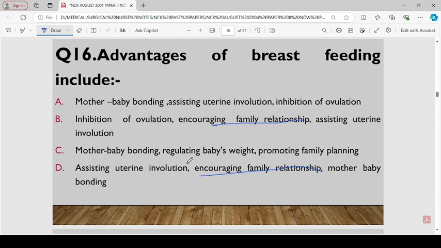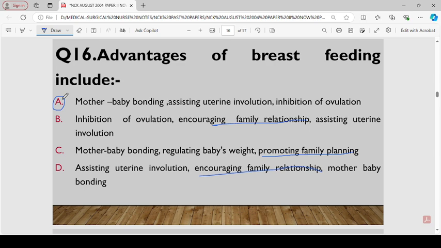Let's look at option C, mother bonding. Yes. Regulating body weight. Promoting family planning, right? Not family planning, ensures family planning, right? So this one is not direct. I think we have enough reasons to believe that this is the best answer.